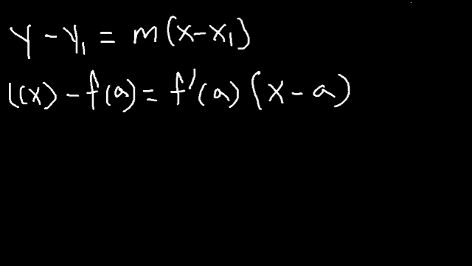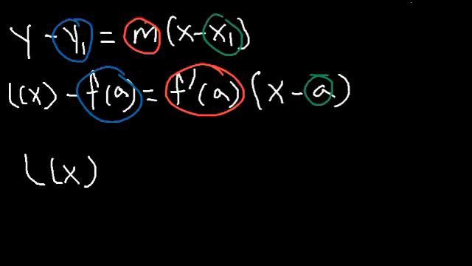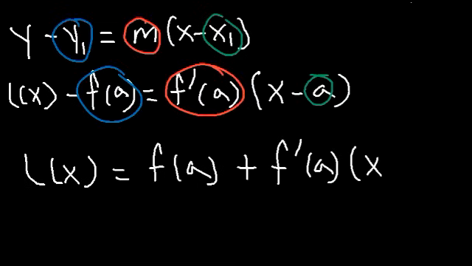So that's the linearization function. To make sure you realize that the slope is f prime of a, x1 is basically a, and y1 is f of a. So L of x is equal to f of a plus f prime of a times x minus a.